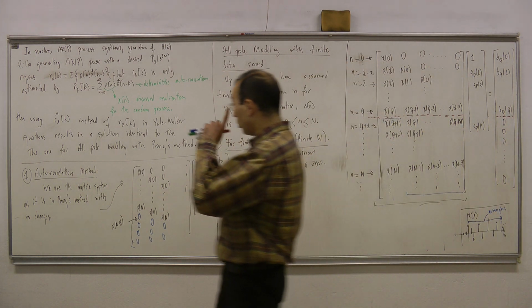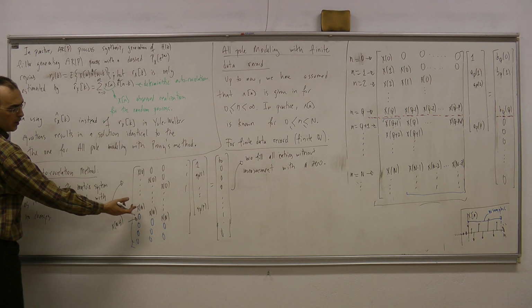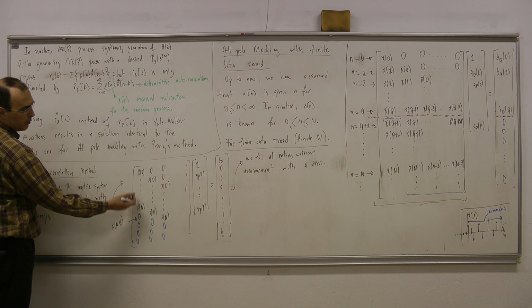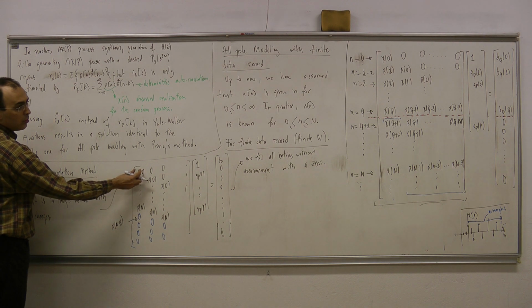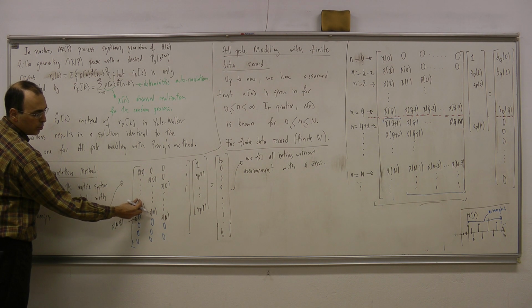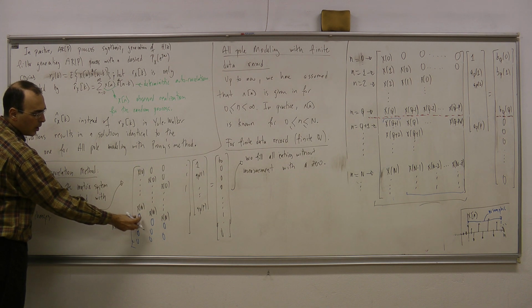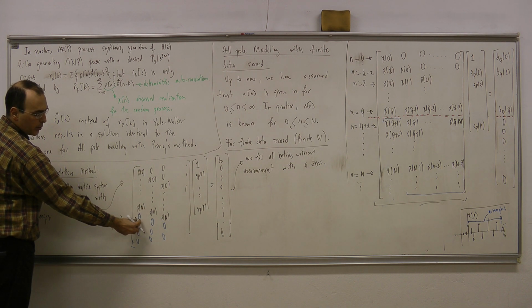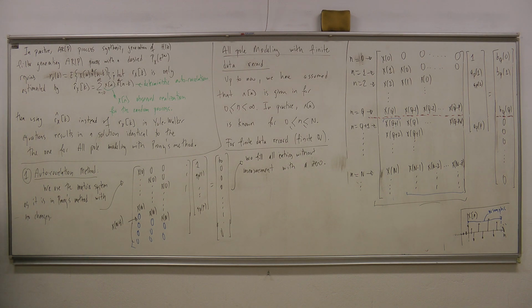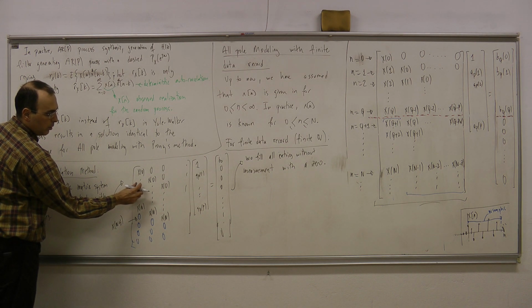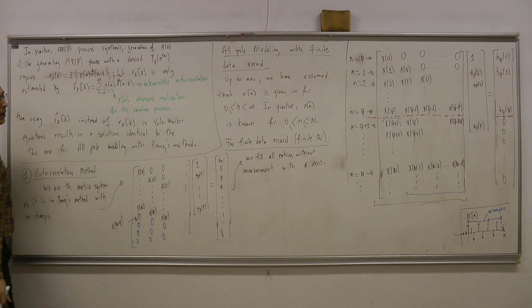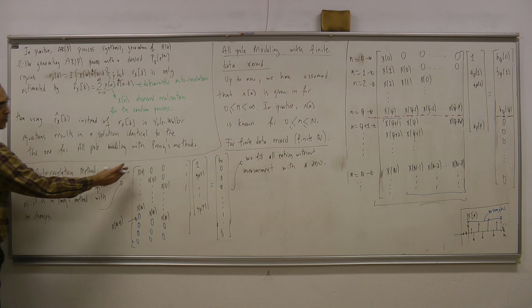But in practice, if n is a very large number, if it's a very long vector, then you expect the impulse response should die out at the end. So if n is very large, maybe this 0 assumption is not very bad. But if n is very small, then you suddenly cut and truncate this impulse response or the measurement.